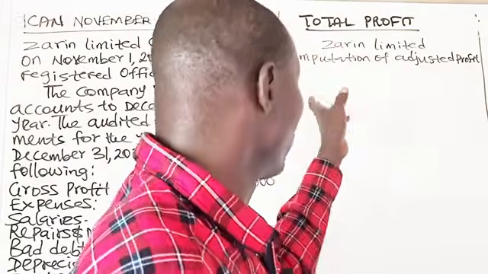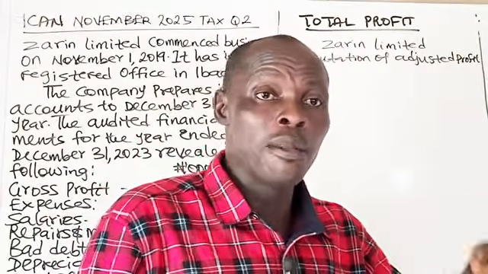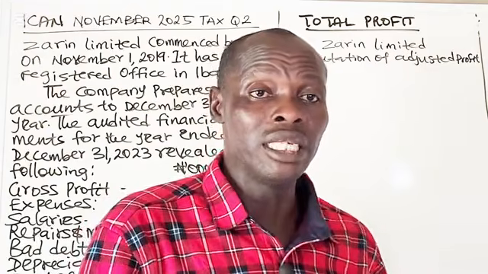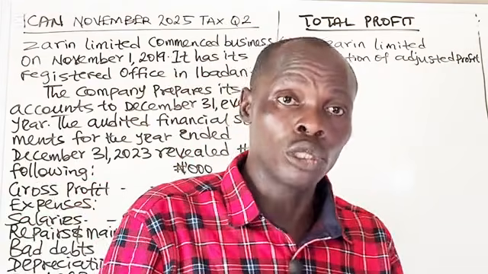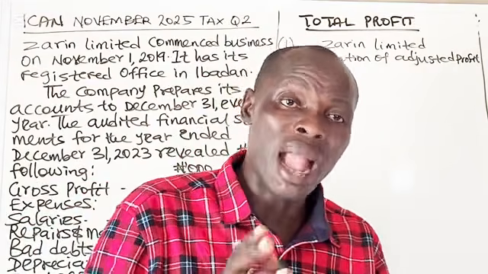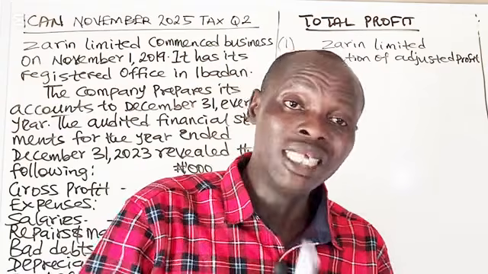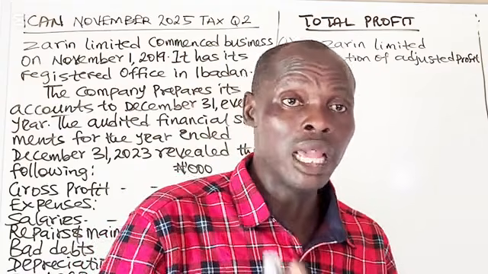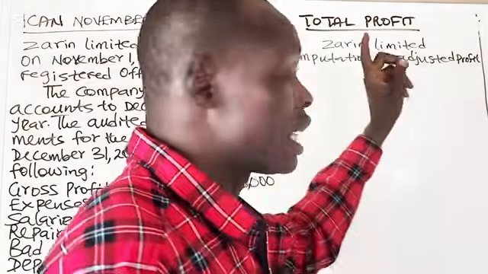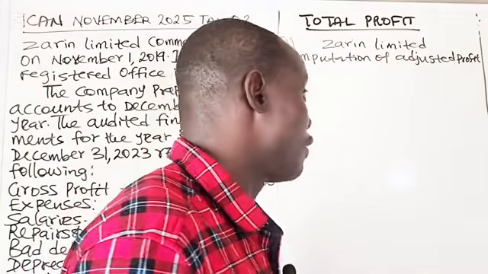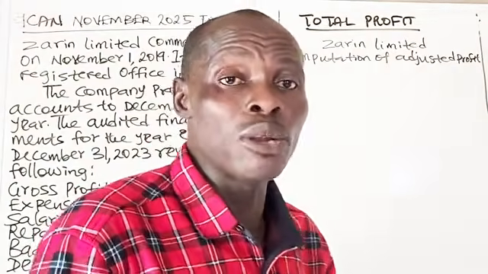So you can compute it for the year ended before you now apply the relevant tax provisions in order to carve out the amount of profit that will be due for assessment in a particular year of assessment.